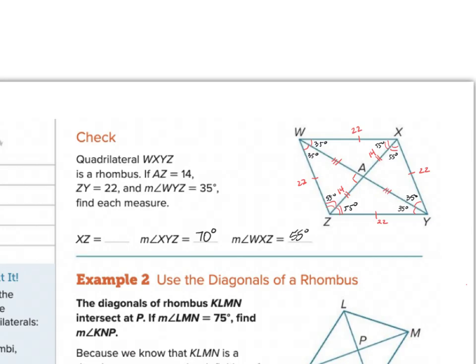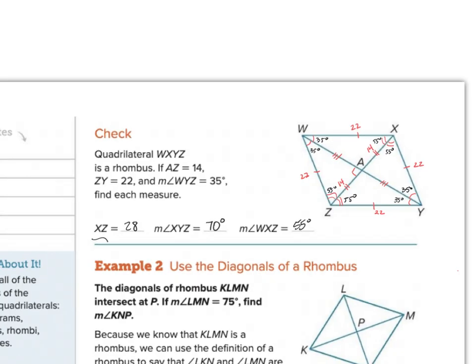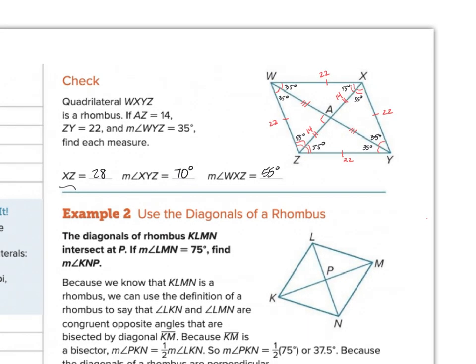And then XZ is this entire length, so it would be 14 plus 14, which is 28. So there you go. Using the properties of a rhombus, those special characteristics, to be able to fill in those answers.